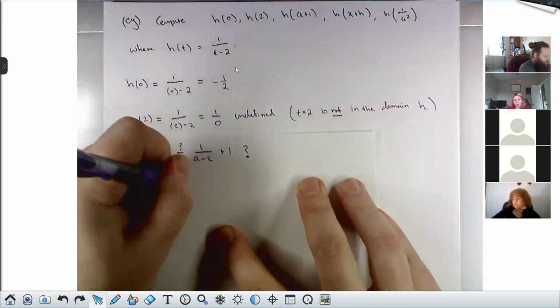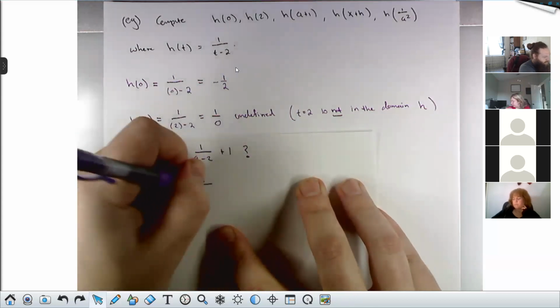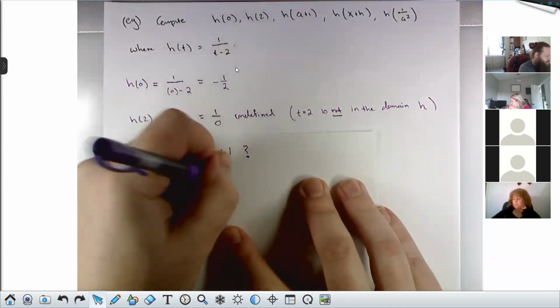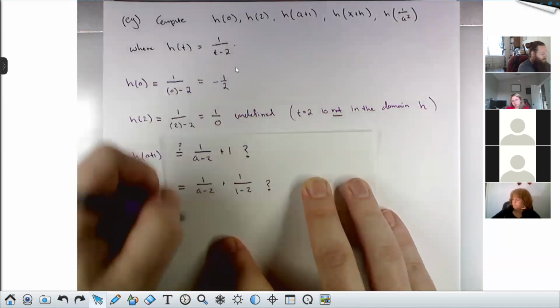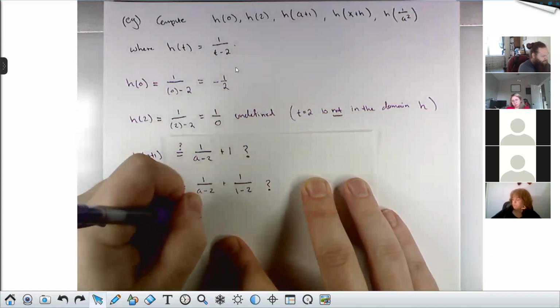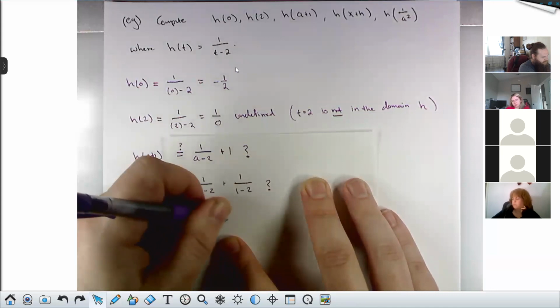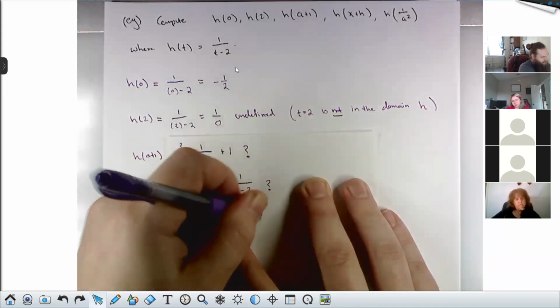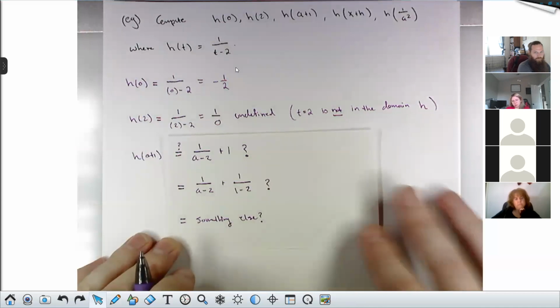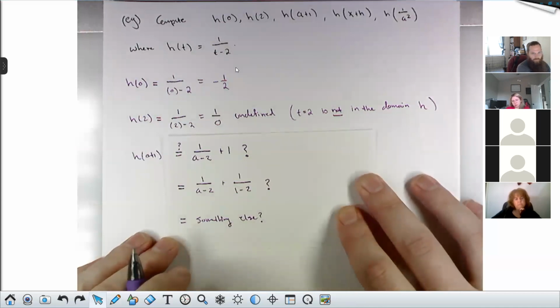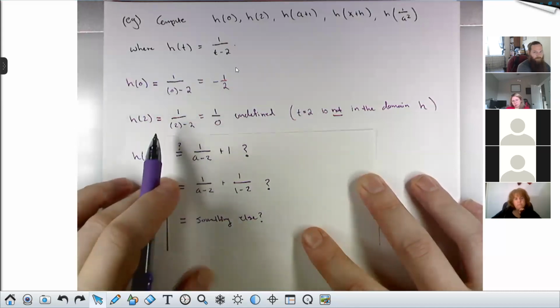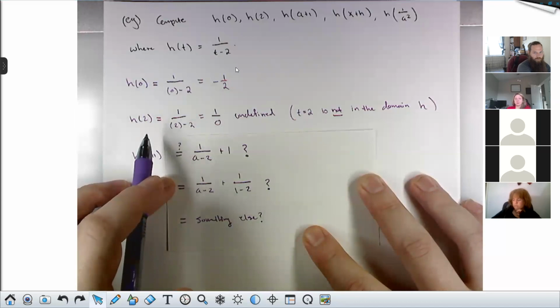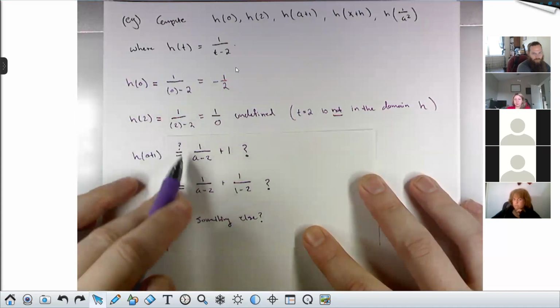Or is this 1 over a minus 2 plus 1 over 1 minus 2? Or is this something else? What do we think? We're looking for h of a plus 1. My function h of t is 1 over t minus 2. Is this first guy correct?